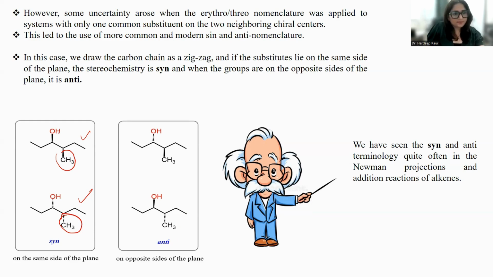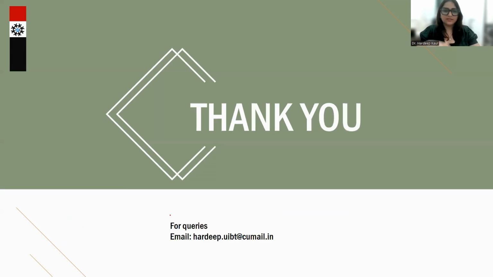If it is solid, then the other is also solid; if it is away from the observer, the other is also away. But in this case, one is going away and another is coming toward you. So we simply say if they are on the same side of the plane, then they are syn, and if the groups are on the opposite side of the plane, then they are anti.